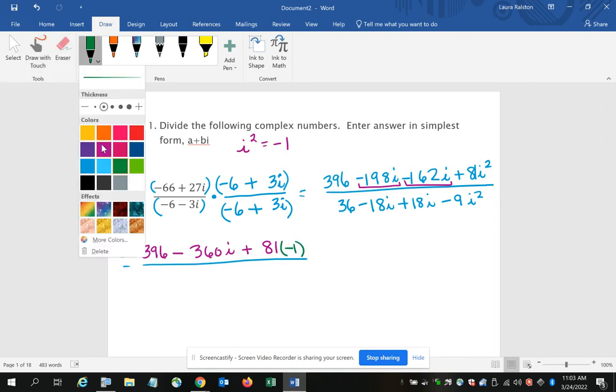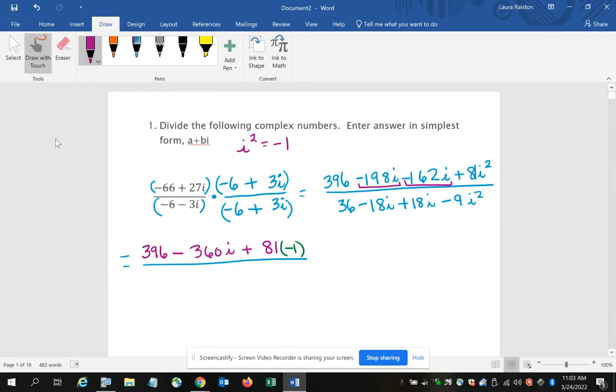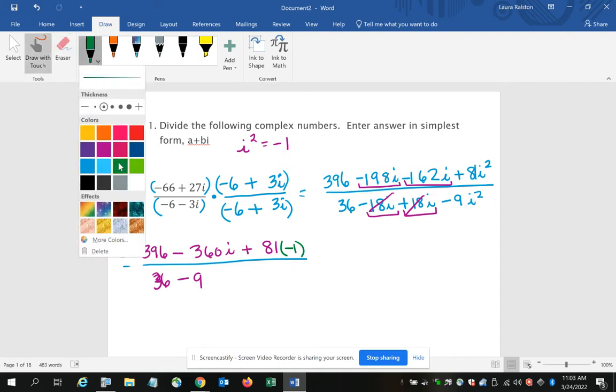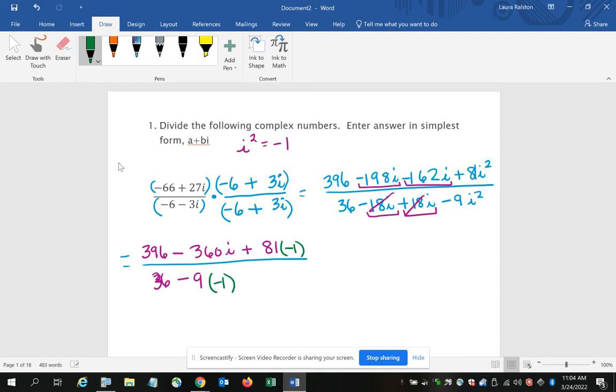Then in the denominator, we have 36. Whoops, got a little messy there, sorry. Minus 18i plus 18i zeroes out, and I have minus 9, and then again I'm going to replace i squared with negative 1, and I'm going to go back and do that math.